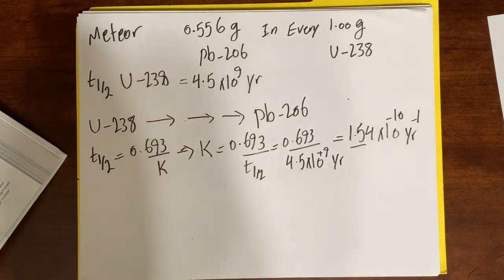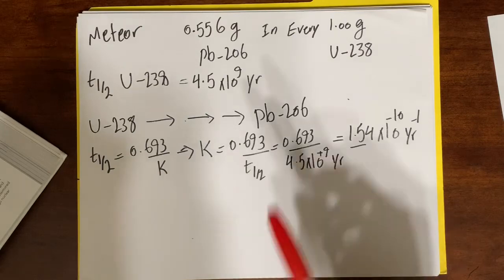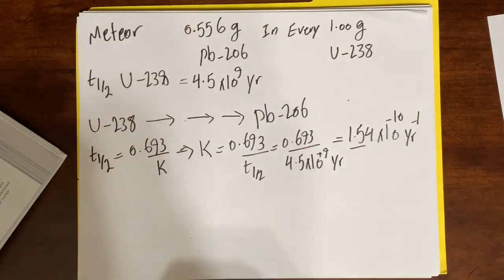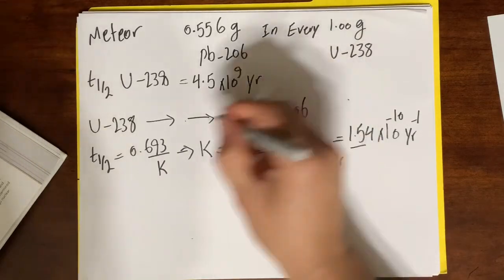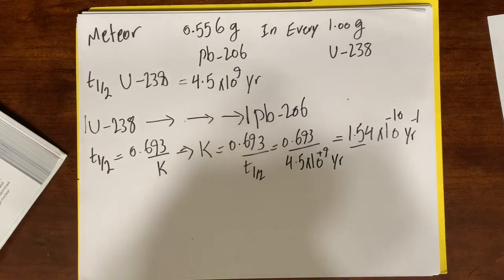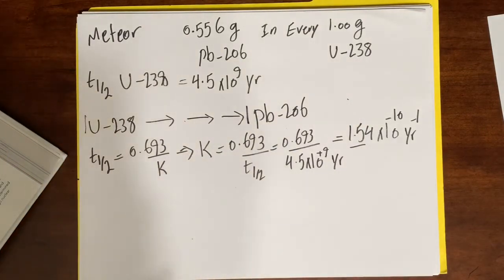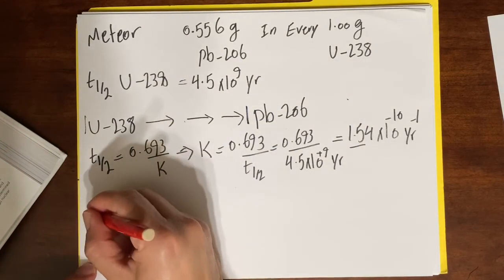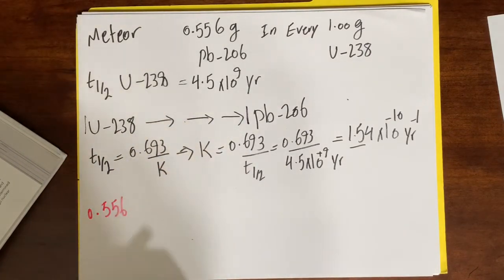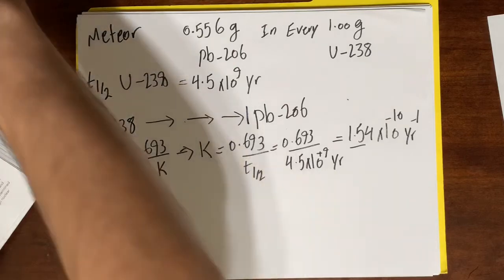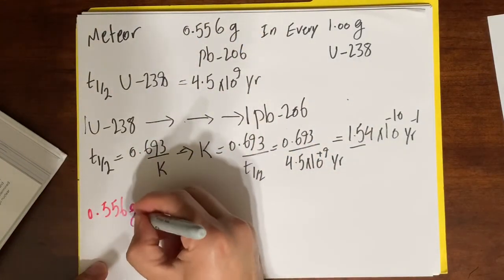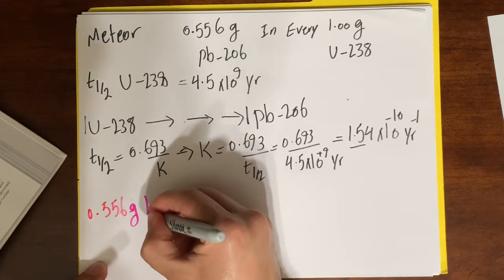Okay. Now, if I know how much mass of lead I have, I will use the ratio between them, which is 1 to 1, and I will get the gram of uranium. It says we have 0.556 gram of lead Pb.